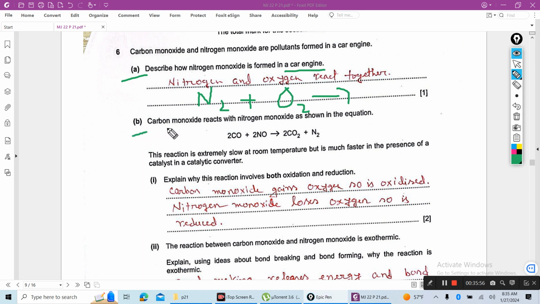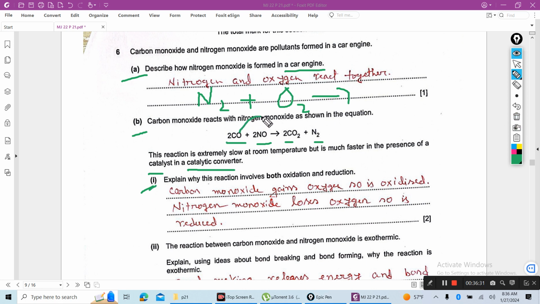B. Carbon monoxide reacts with nitrogen monoxide to form carbon dioxide and nitrogen. This reaction is extremely slow at room temperature but is much faster in the presence of a catalyst in a catalytic converter. Explain why this reaction involves both oxidation and reduction.